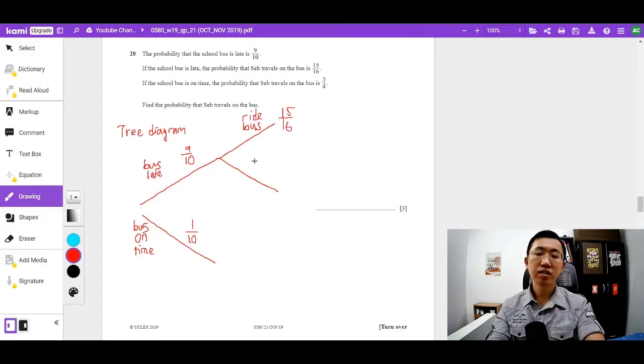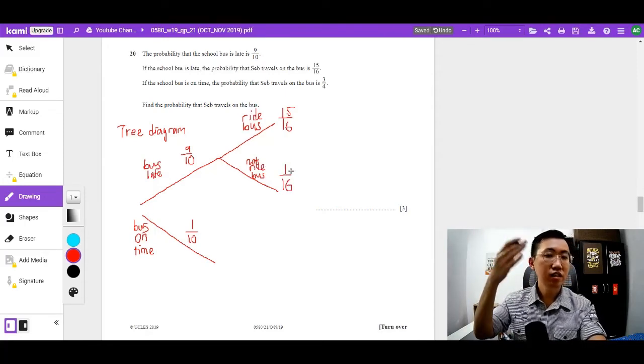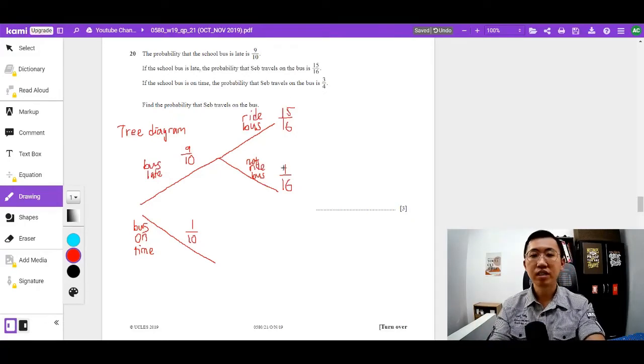Not riding the bus, because the bus is late and I don't want to get on the bus, right? You can just use whatever language that you can understand. So this will be the remaining part, 1 over 16. Riding the bus, 15 over 16. Not riding the bus, 1 over 16. These two added up must be 1. Remember that again.